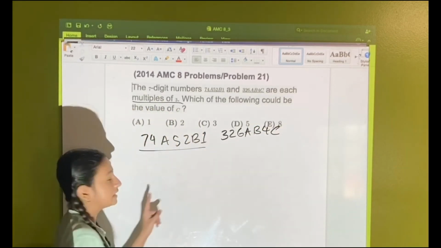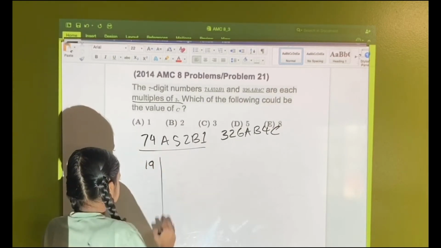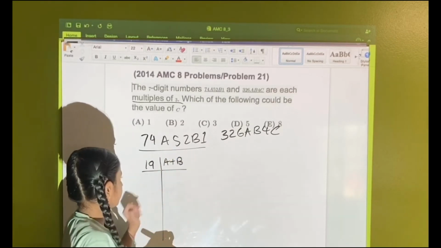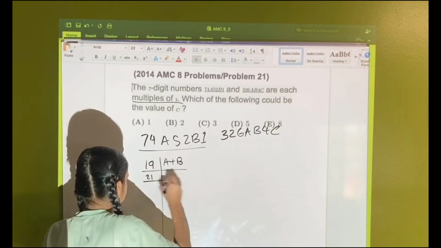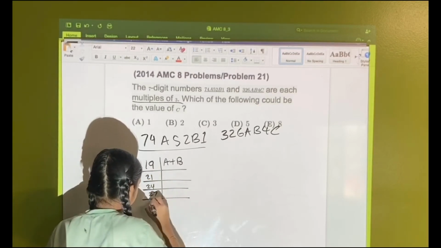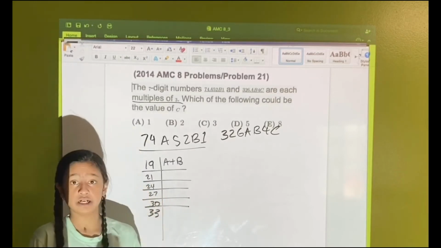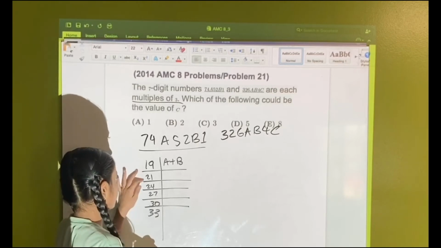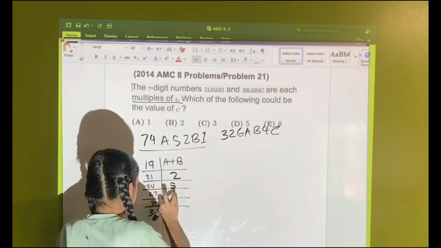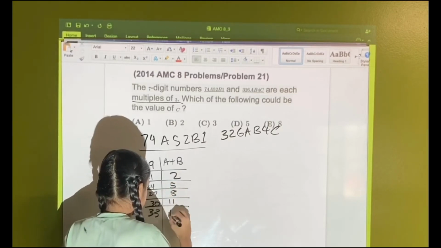So the sum of these numbers is 19 plus A plus B. So the possible sums that you can get are 21, 24, 27, 30, 33. Of course there is more, but we're going to stop here for this problem. So this is 21, A plus B is 2; 24, 5; 27, 8; 30, 11; 33, 14.